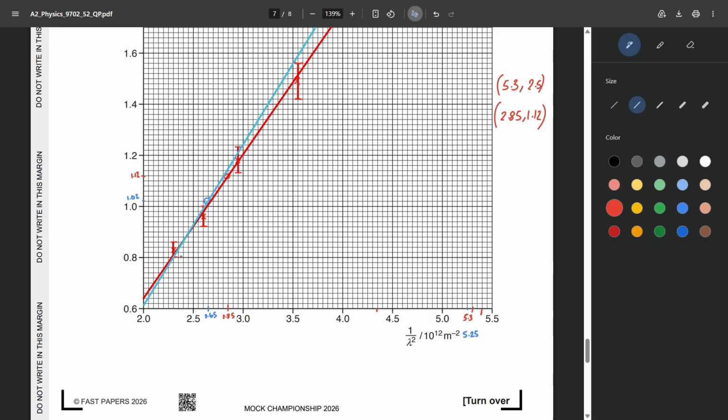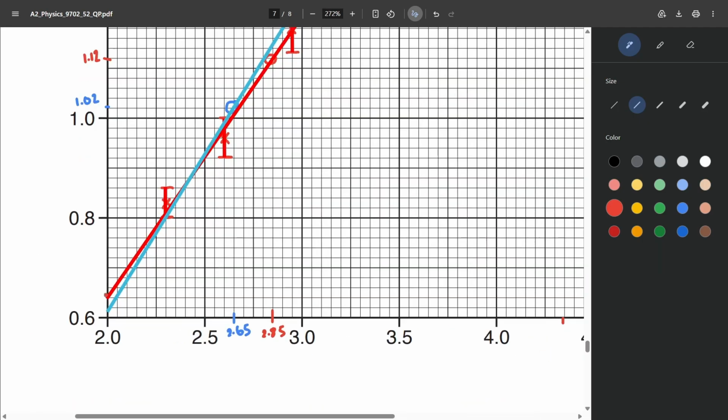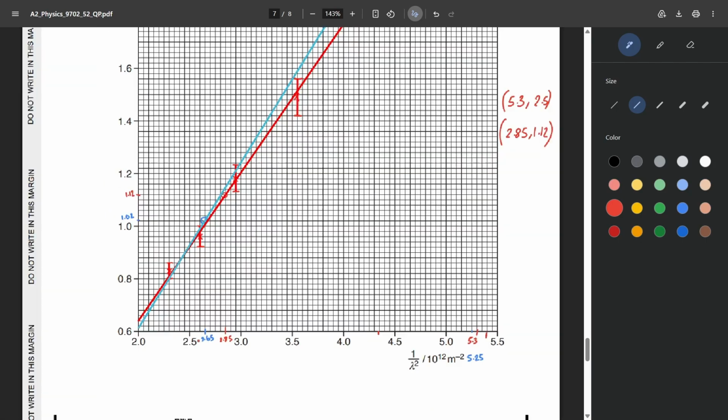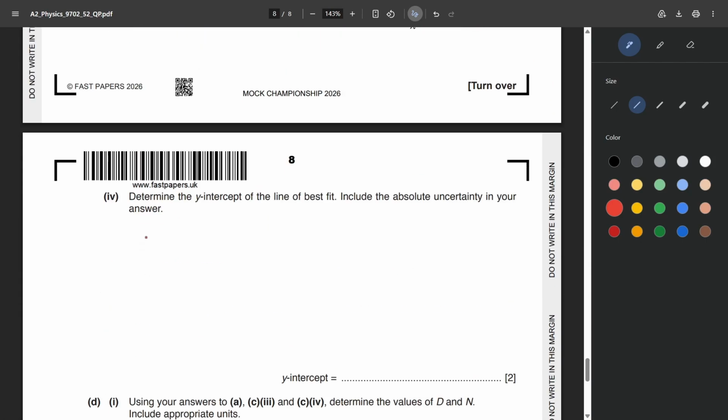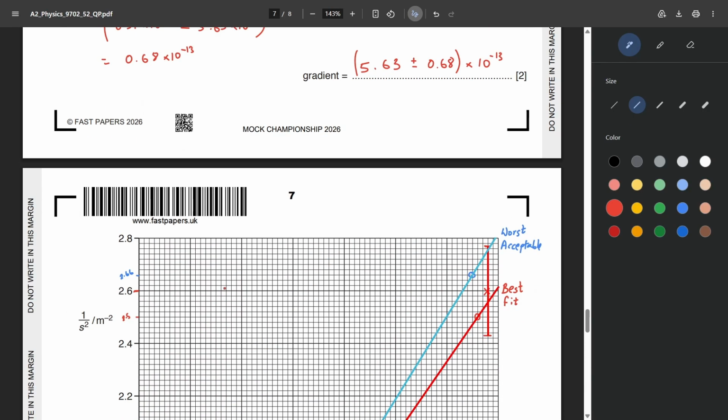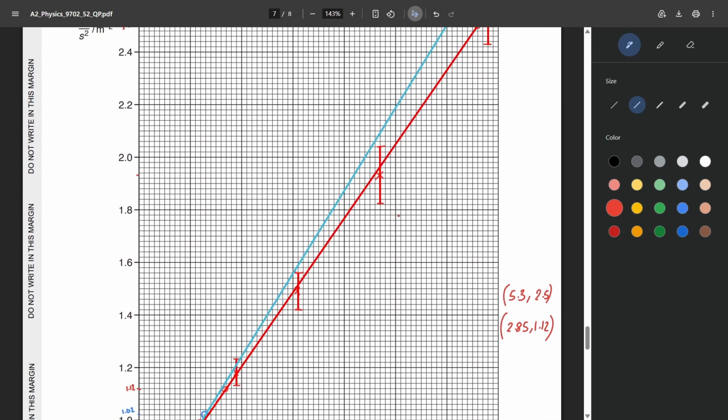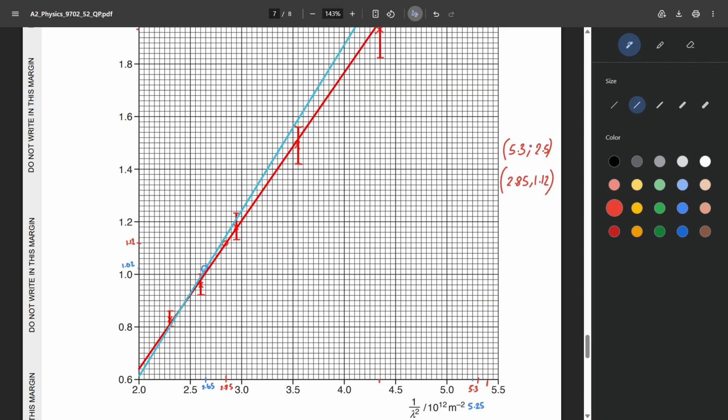So the y-intercept cannot be taken from the graph here because the y-axis does not start from 0. We need to use the equation of a straight line, y equals mx plus c. Now you already know one of the coordinates of the best fit line, 5.3 and 2.5. We can make use of any one of these two coordinates.